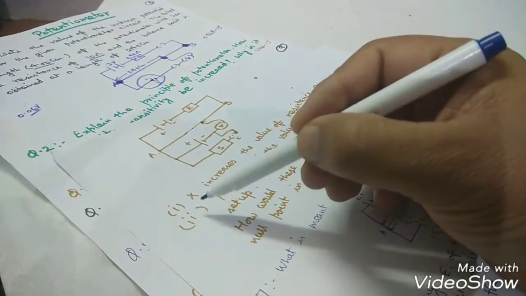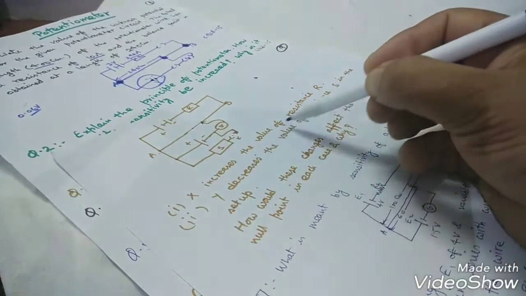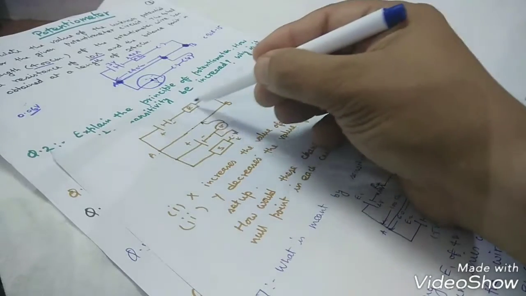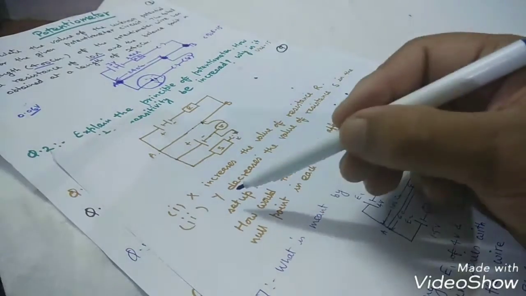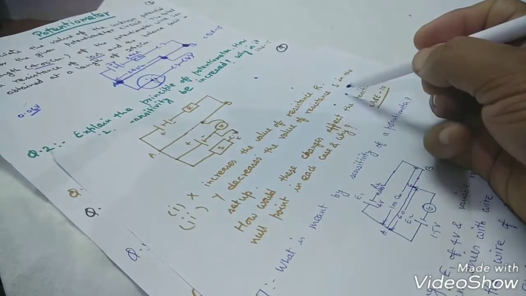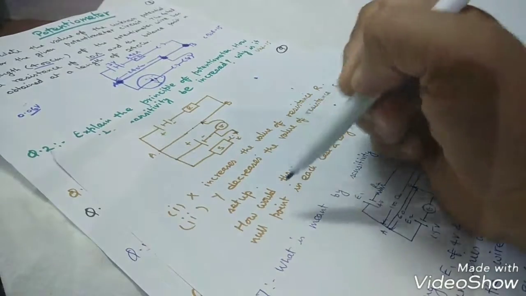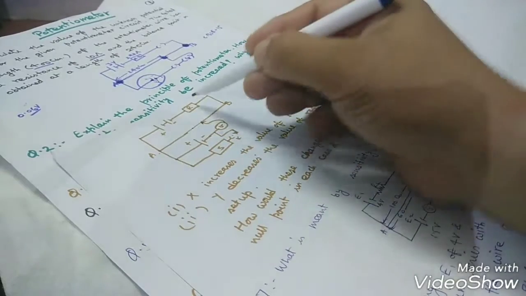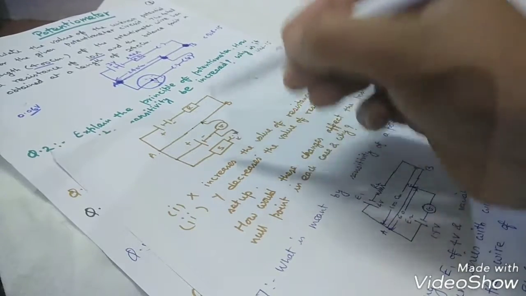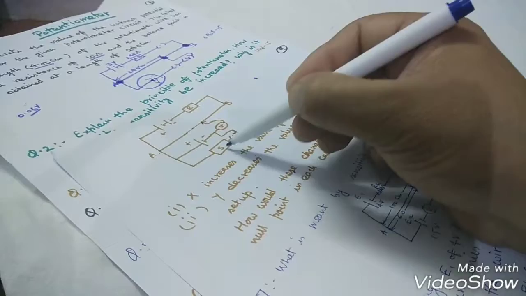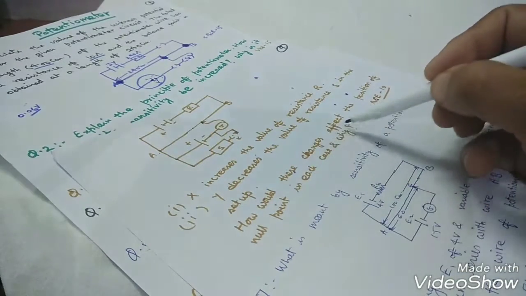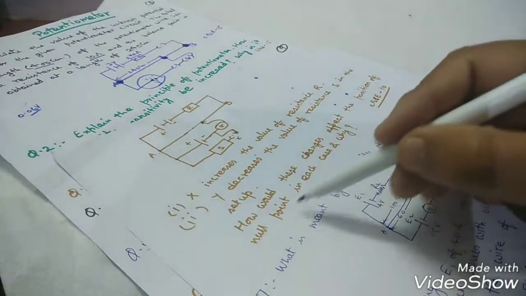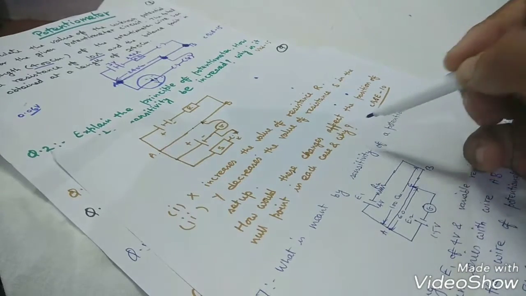The first student X increases the value of resistance R. This resistance is connected here. X increases the value of R, and the other student Y does not vary it, but decreases the value of resistance S in this setup. How would these changes affect the position of the null point in each case?